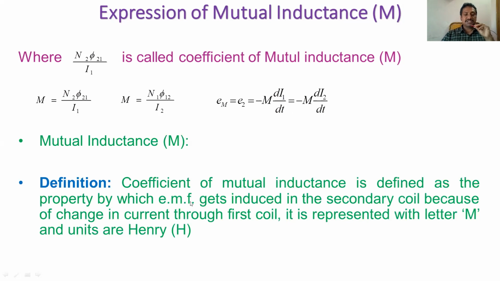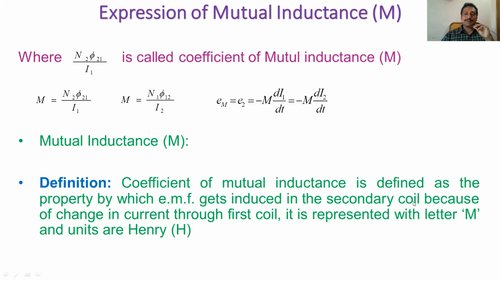Now for the coefficient of mutual inductance, first we will go through the definition. The coefficient of mutual inductance is defined as the property by which EMF gets induced in the secondary coil because of a change in current through the first coil. It is represented with the letter M. So remember, dear students, the induced EMF is developed on the secondary coil because the current changed in the primary coil.